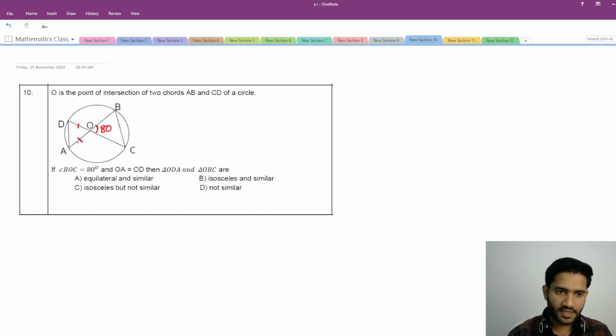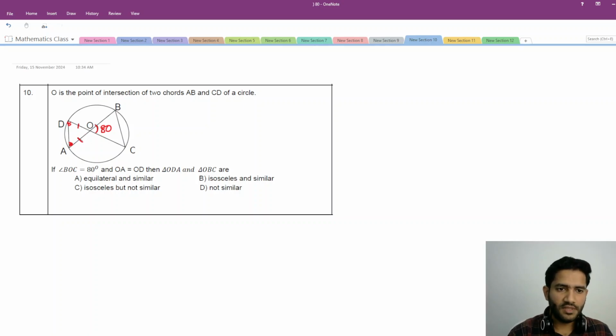These two sides are equal, which means triangle OAD is an isosceles triangle. For an isosceles triangle, these two sides are equal, which means the opposite angles are equal. That means angle A is equal to angle D. These two angles are equal because it's an isosceles triangle.